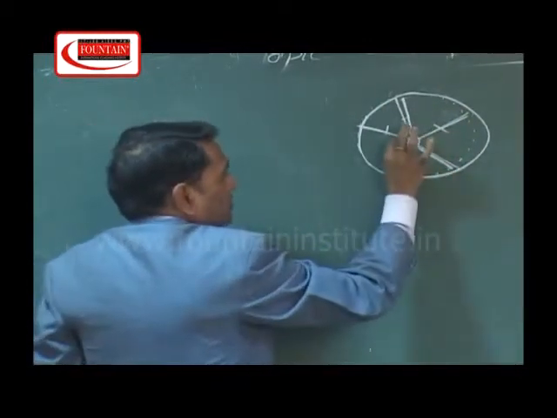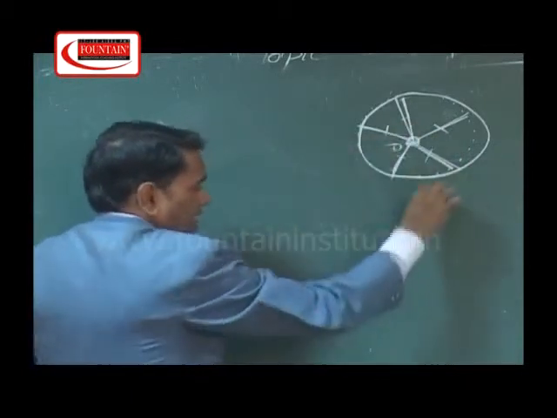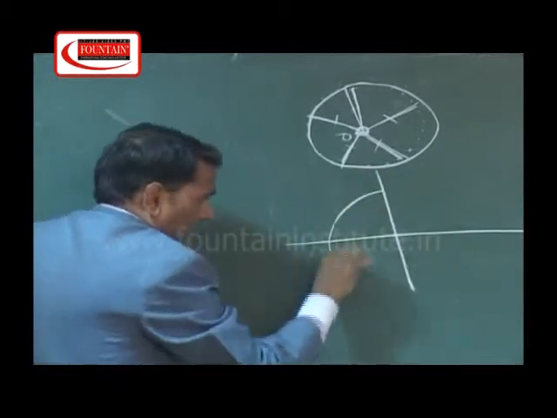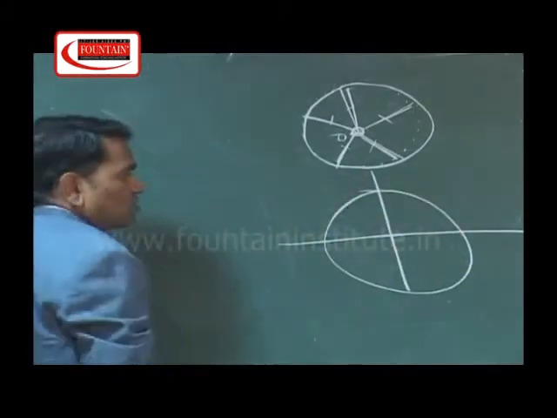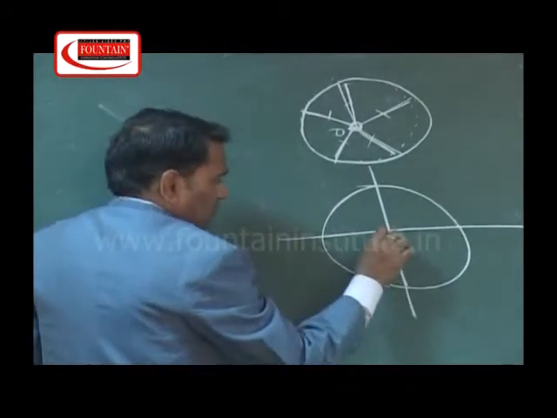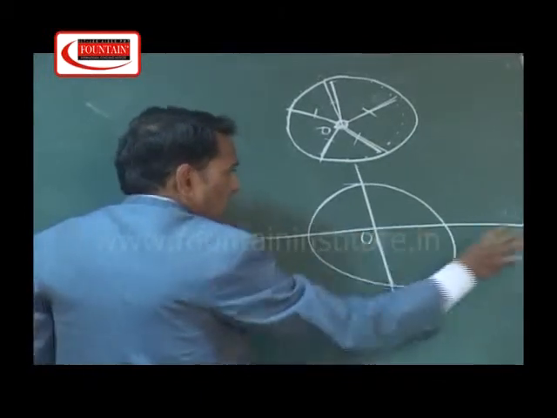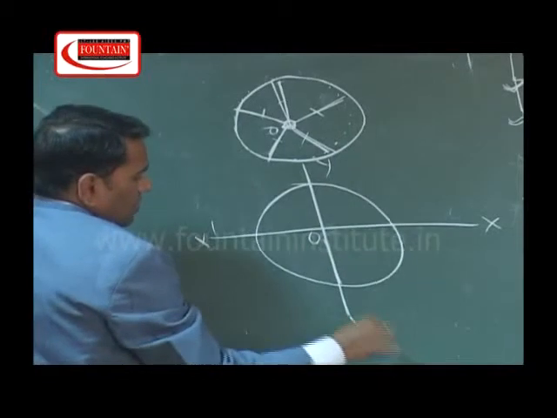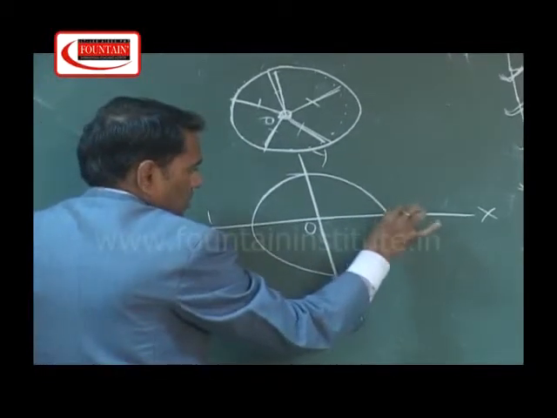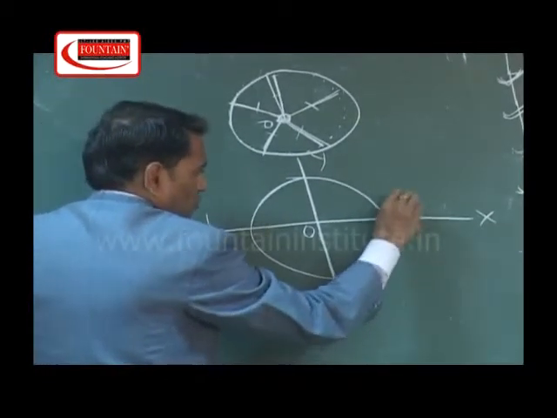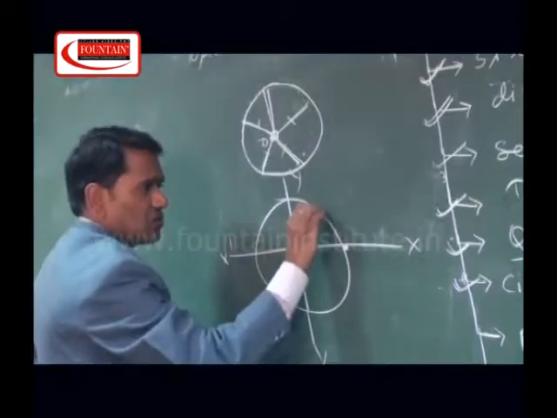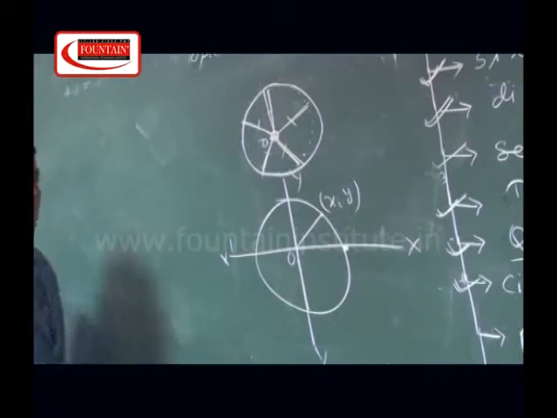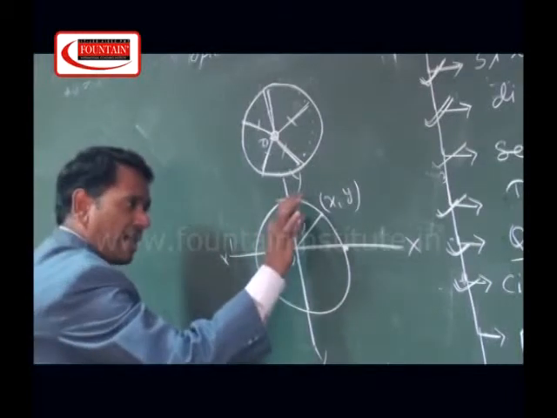So suppose the center of the circle is O and the circle is lying on the Cartesian plane whose center lies on the origin and passes through x comma y and whose radius is given by r.